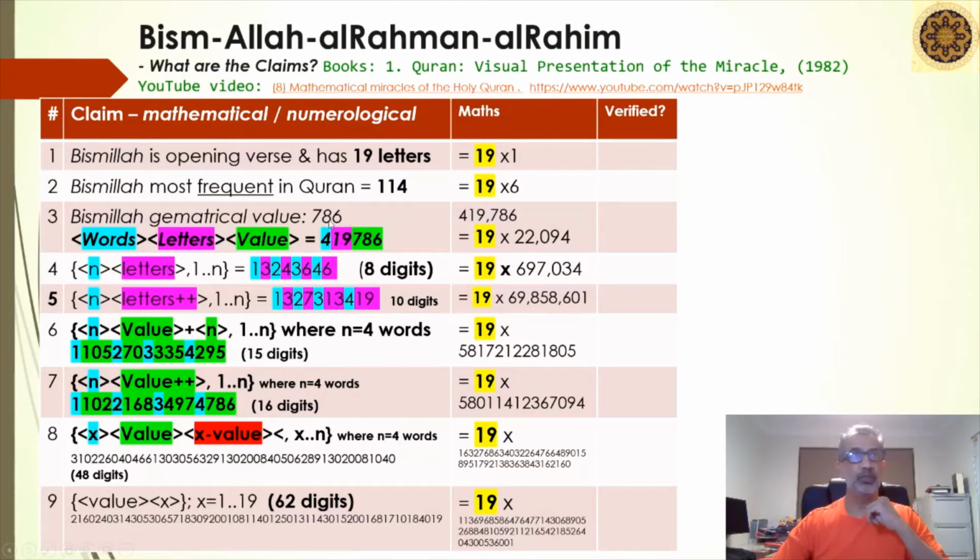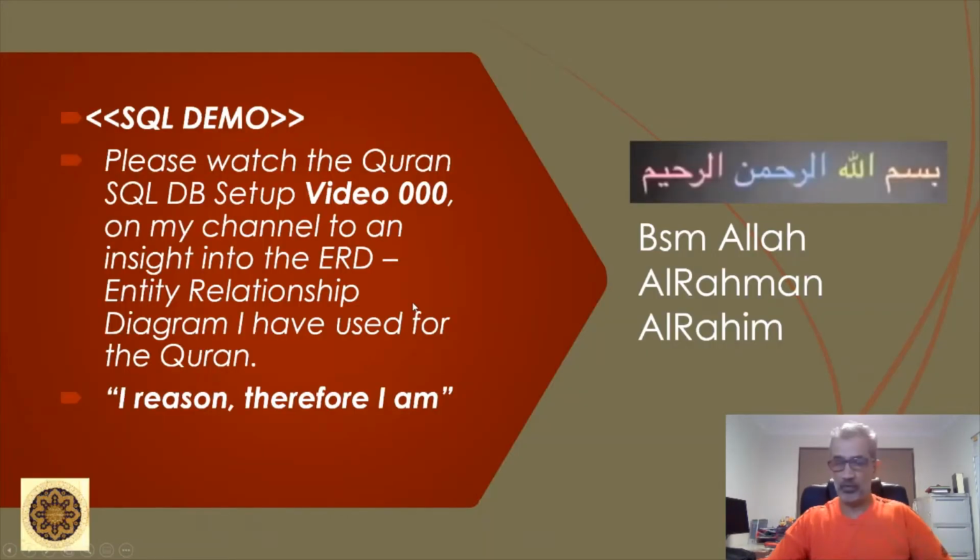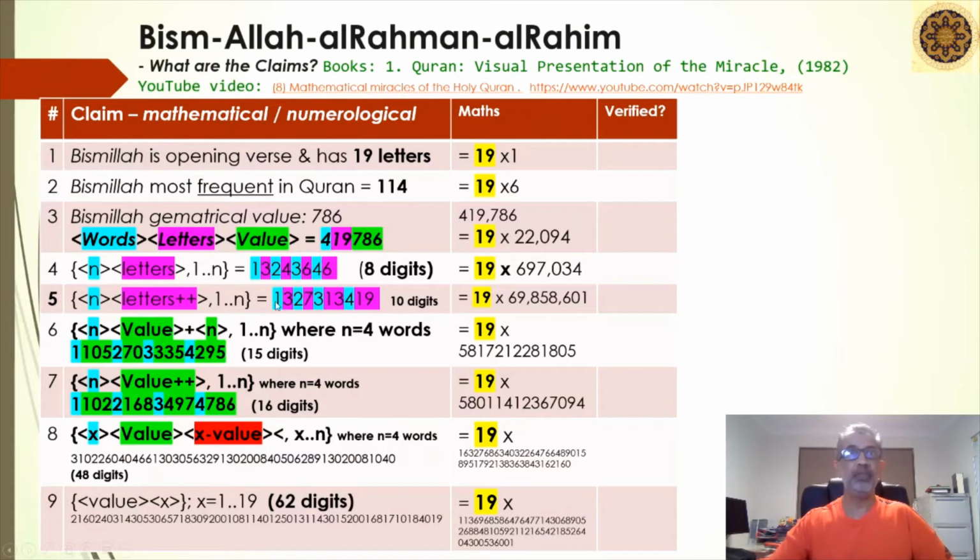So the value of the Gematria, the first pattern he did, the second pattern, the 8-digit number, then the 10-digit number. Oops, let's go back up. Then he came up with that 15-digit number, so the 16-digit number, then the 48 and the 62. And I've shown here that obviously one thing that is consistent in all of this is 19 is playing a part in every number that he has generated.